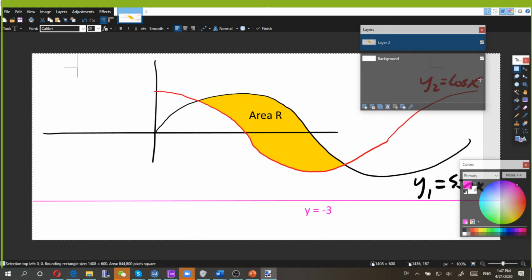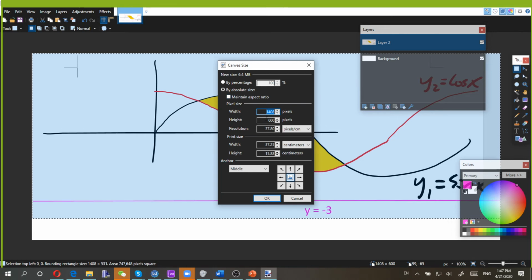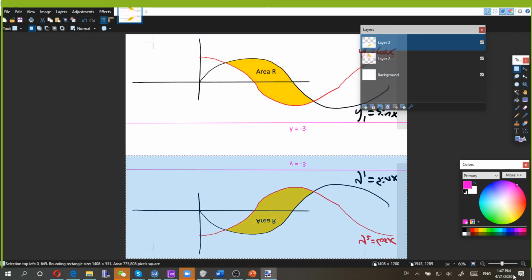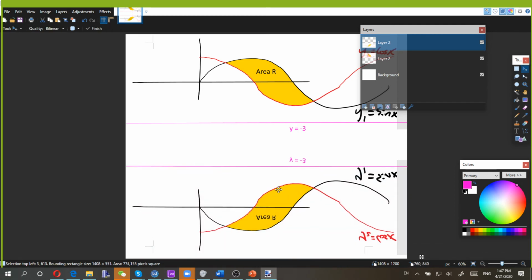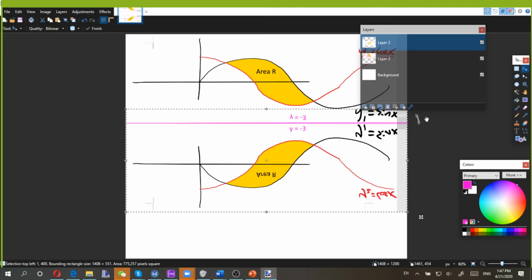So if I spin this about our axis of rotation, I'll end up with something like this, after we spin.